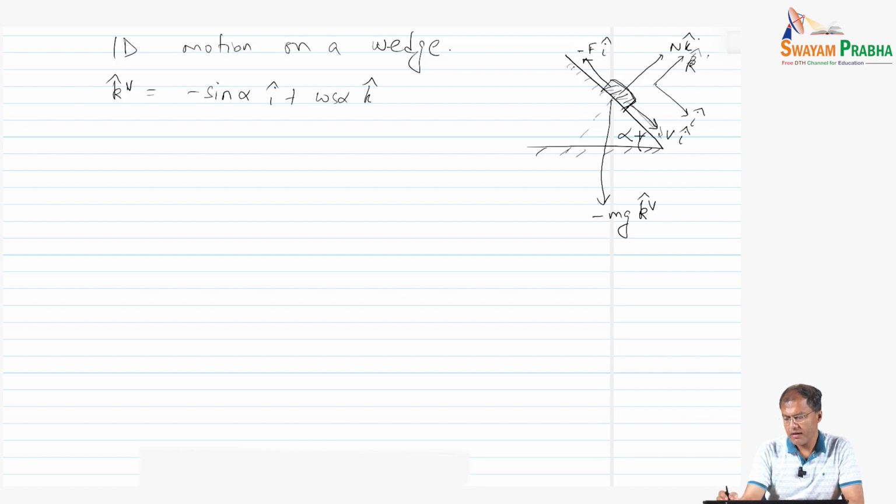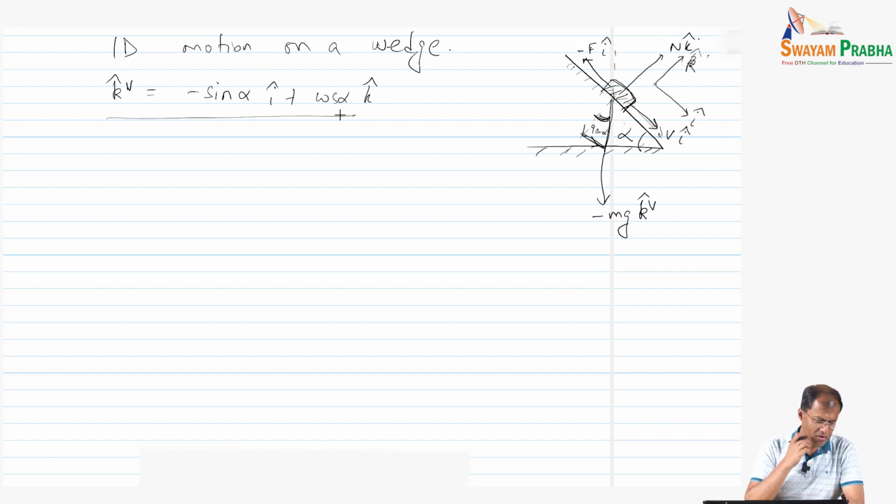Notice that if this is alpha, then this is my 90 minus alpha, and then I have to resolve this along this direction and along this direction, with this angle as 90 minus alpha. So that is what the two directions are.